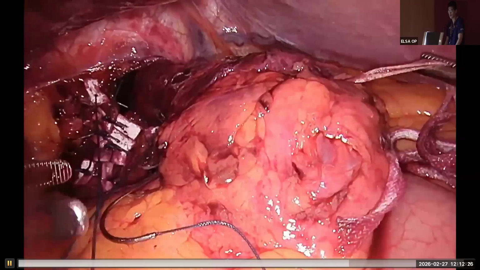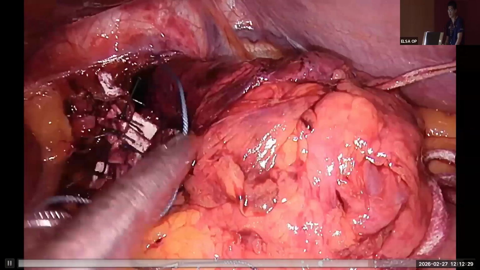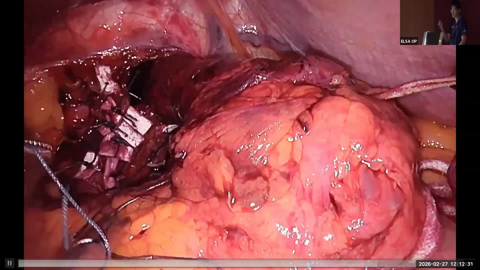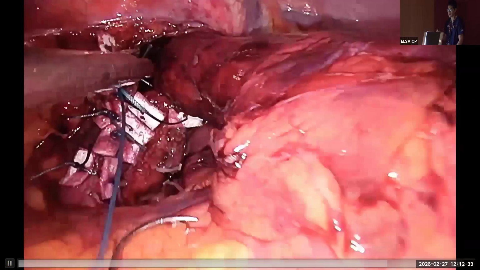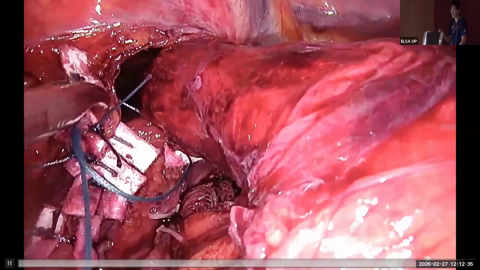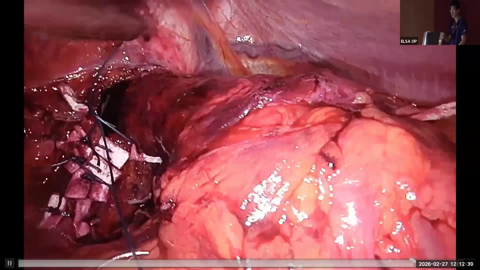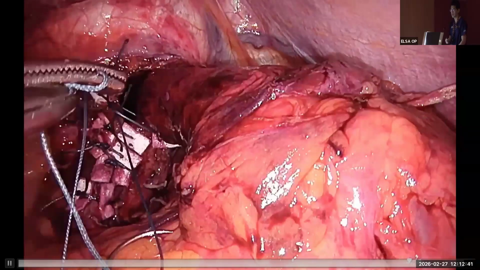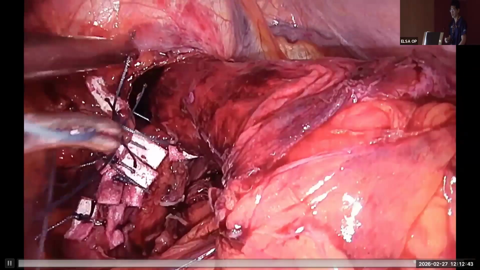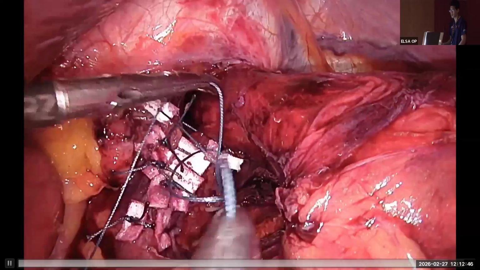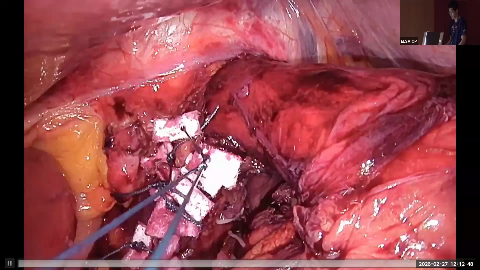What you want to look out for at the end of closure is that the esophagus is really snug in the diaphragmatic defect, and it's not pouting or anything. Because sometimes if it's pouting, then it suggests that your closure is too tight, and that might result in some dysphagia for the patient.